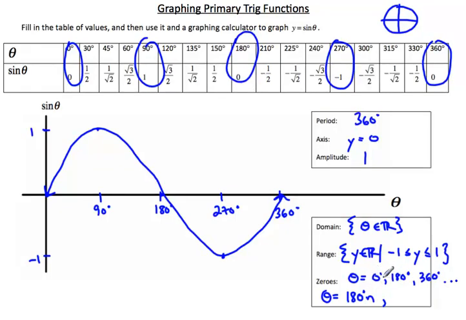We have to have 180 times 0, 180 times 1, 180 times 2, etc. And the mathematical way of writing that is n is an element of integers. The symbol we use for integers is a Z. So this format, theta is equal to 180 degrees times n, where n is an element of the integers, is another way of writing this. It's just saying that the zeros start at 0 and are every 180 degrees after that.